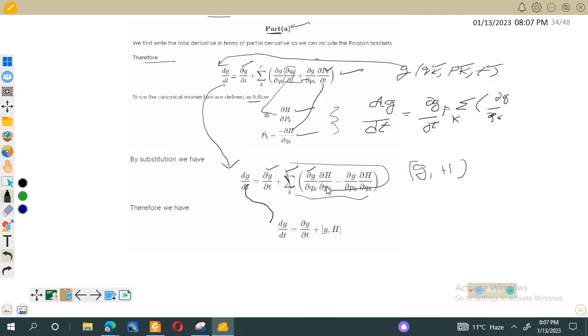So this is g and h. So our first property is proved.